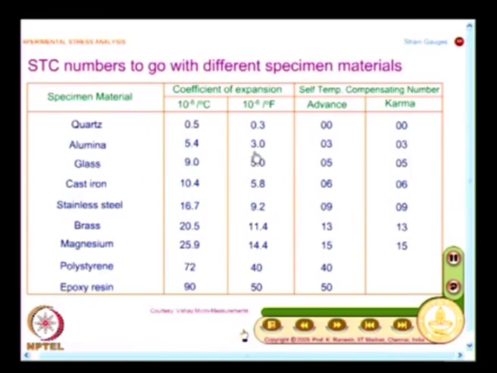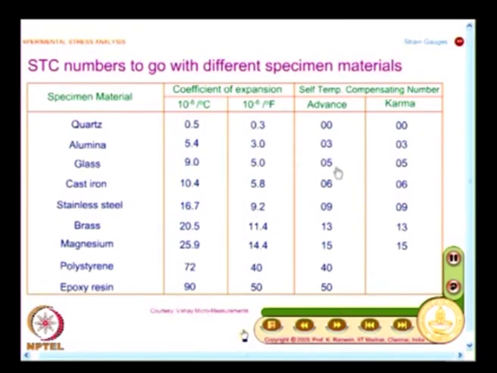For alumina it is 3 into 10 power minus 6 per degree Fahrenheit, and you have the number associated as 0.3. When it is 5, you have 0.5. Then 6, 9, 13, 15, 40, 50.